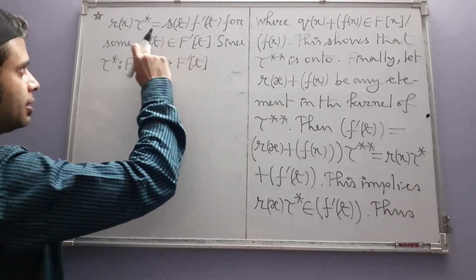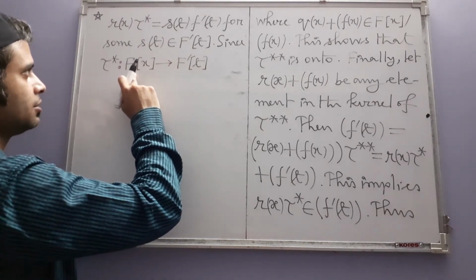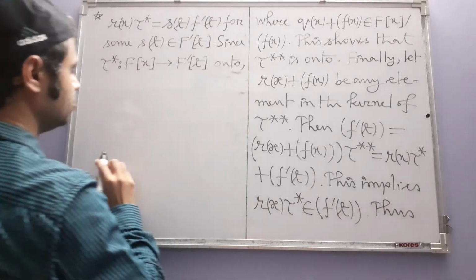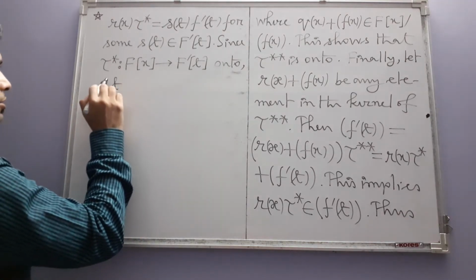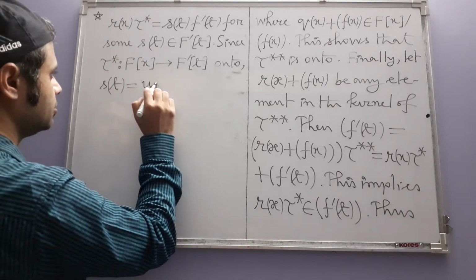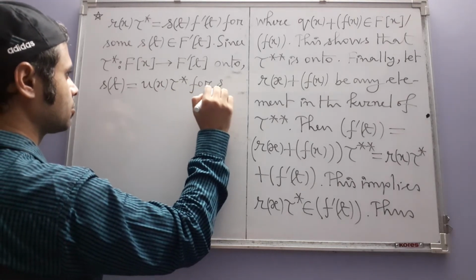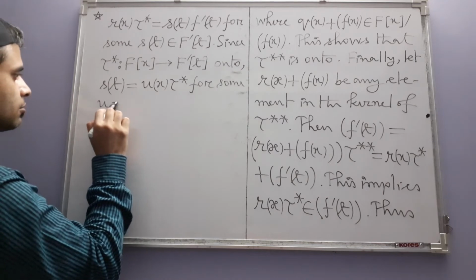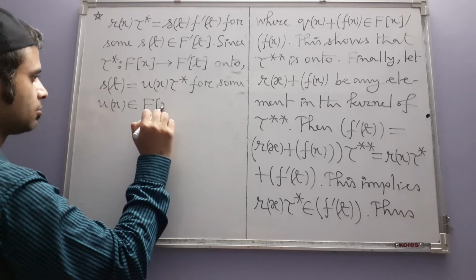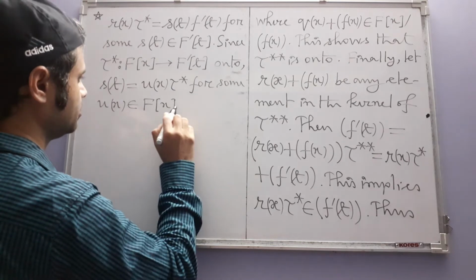That is, we have an element here, so it will have an inverse image or a pre-image here under tau star because it is onto. S of t is equal to, say, ux tau star for some ux here, that is the pre-image, one pre-image or inverse image.